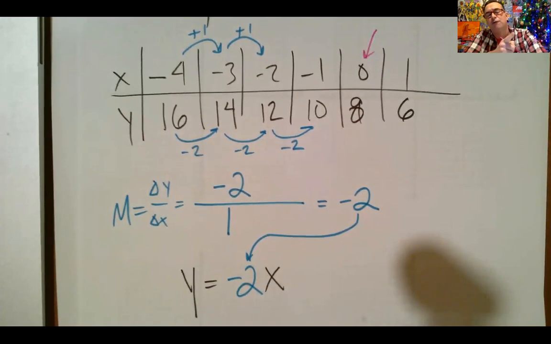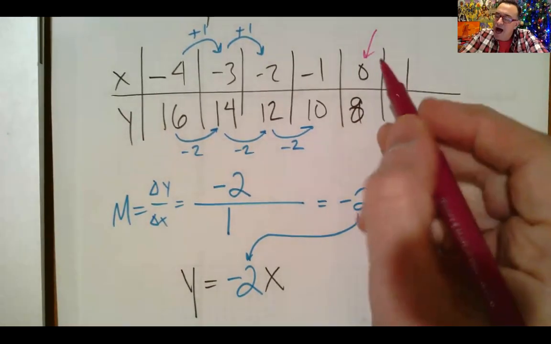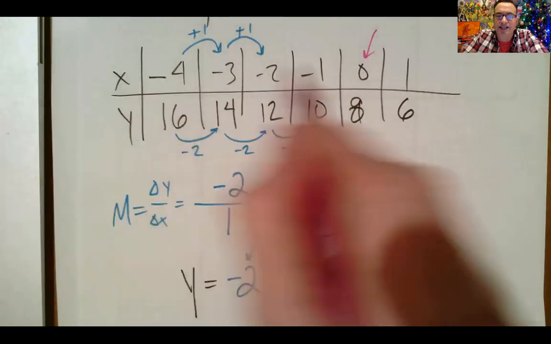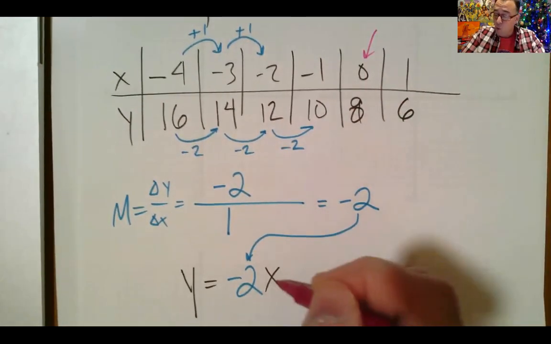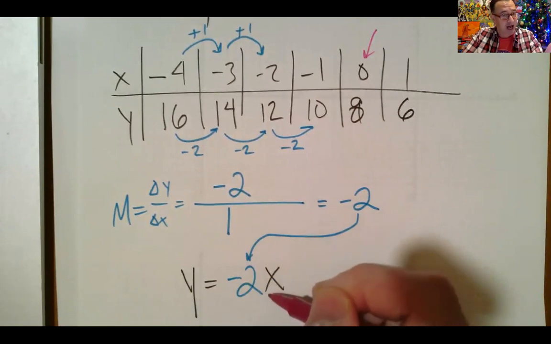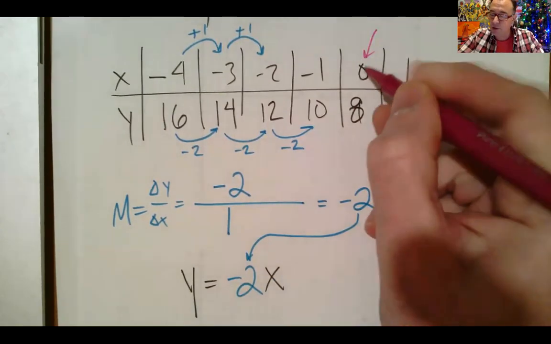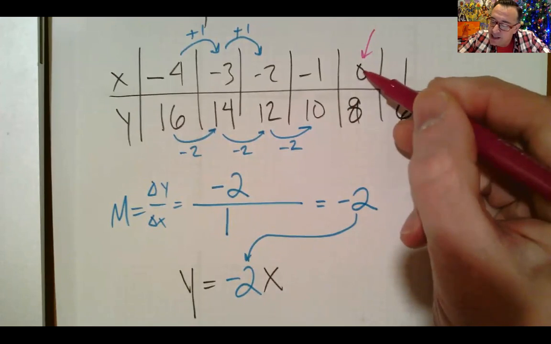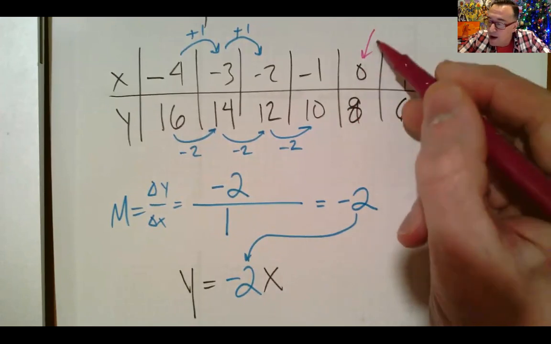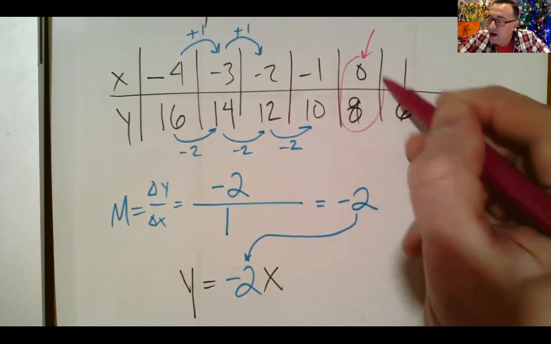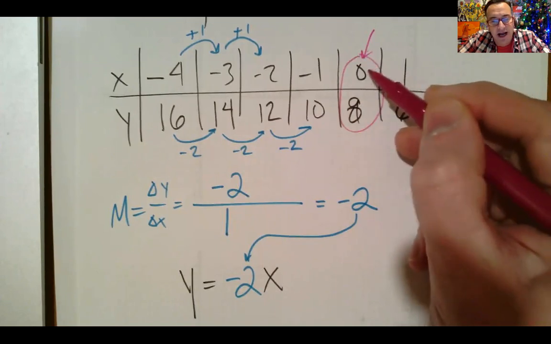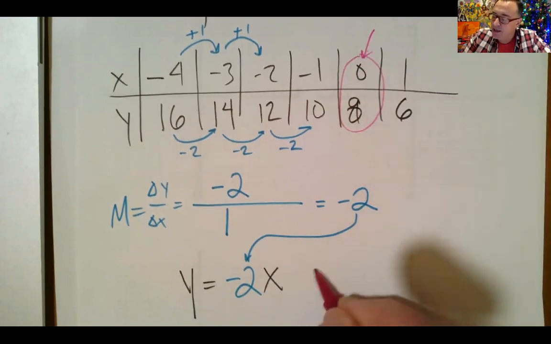So what I want to look for when I'm finding that 0 term is where x is equal to 0. Because remember, when I plug 0 in here, this whole thing goes away. So whatever's left behind, that's going to be my 0 term. So when I look here, that's a 0, which means 8 is the y value that goes with it. I look for my 0 for my x. So in this case, it's going to be an 8.